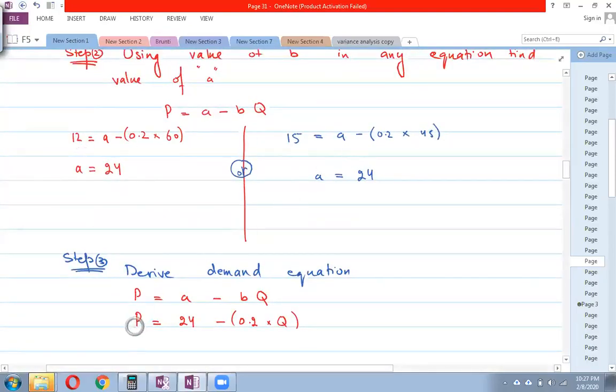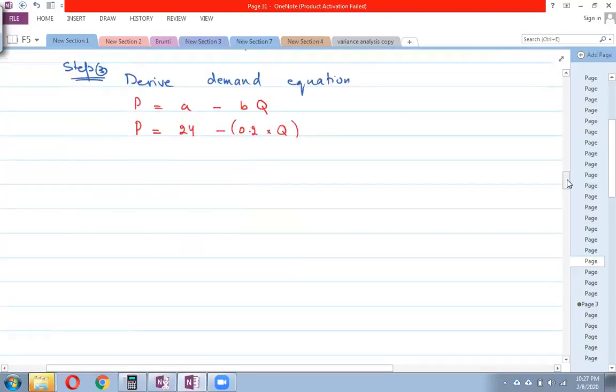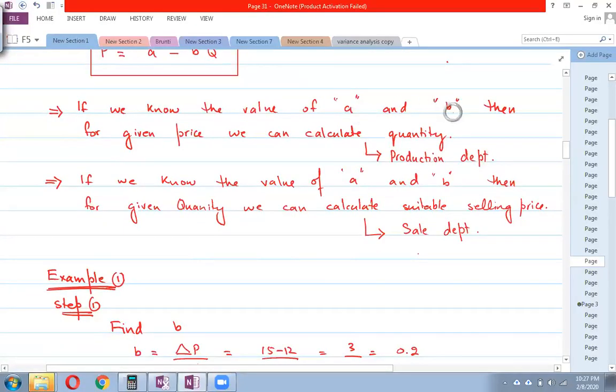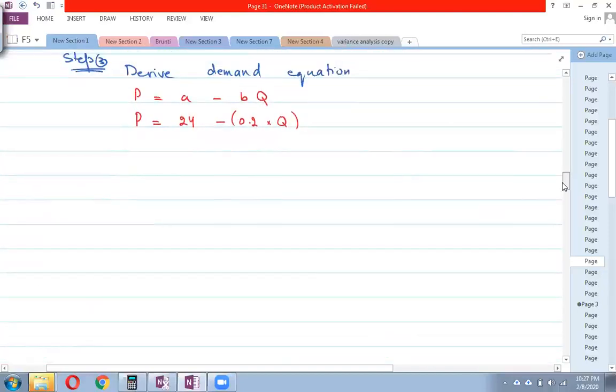If the price is changing, quantity will be changing, right? Now, this is the equation that we were talking about: if we know the value of A and B, then for a given quantity, we can find a suitable selling price, and for a given selling price, we can find the quantity that we should be selling.